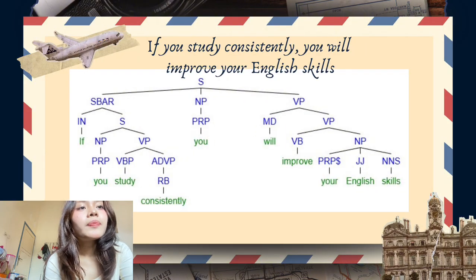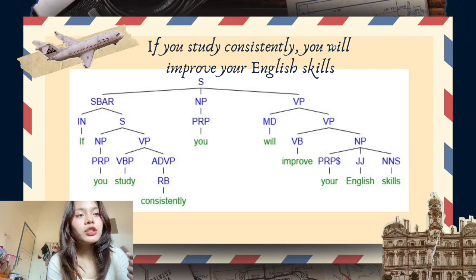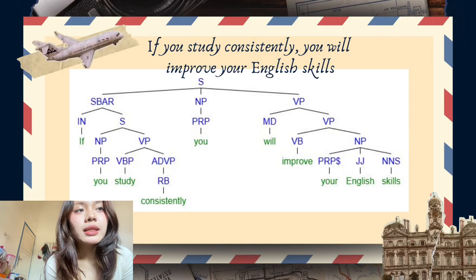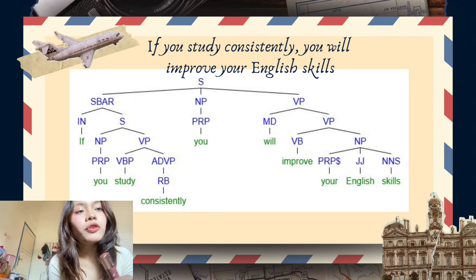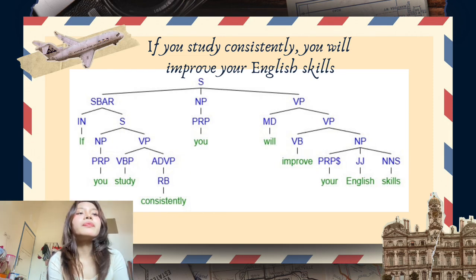Next, we use the if clause as a conditional clause. For example, if you study constantly, you will improve your English skill. The subordinate clause is if you study constantly.